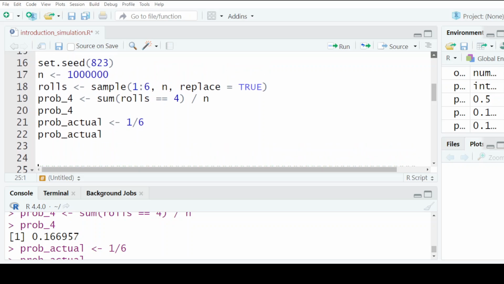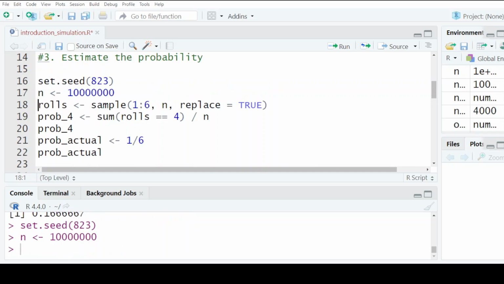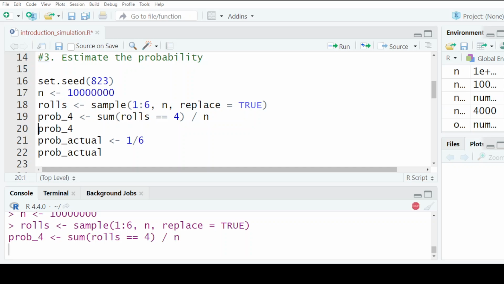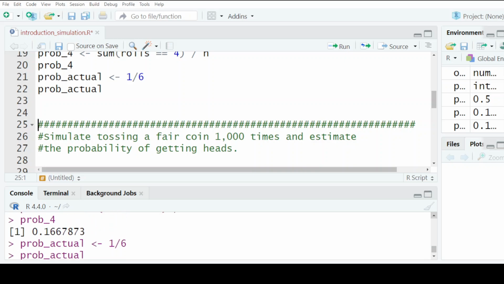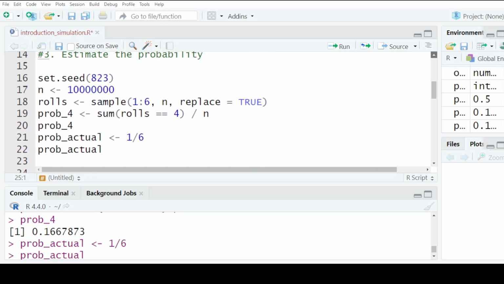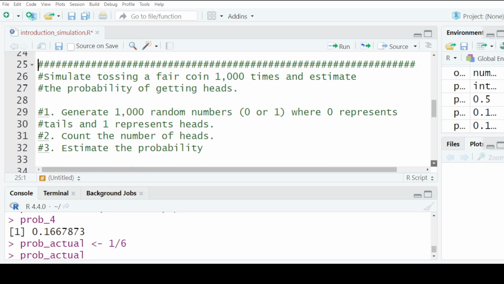If I put 10 million, the process will take a little bit longer, but for sure we are most likely going to get a value that is almost as accurate. Now you can see it is 0.167, and so on and so forth. So that's how you increase the accuracy in simulation or sampling, by increasing the value of n.